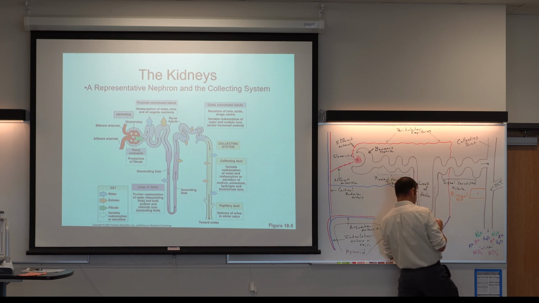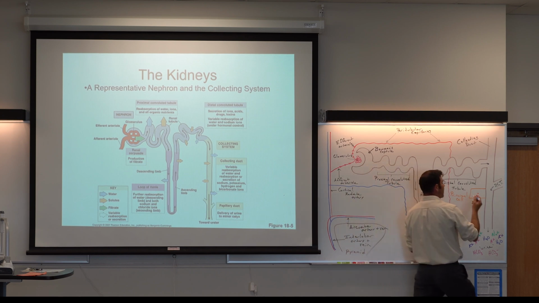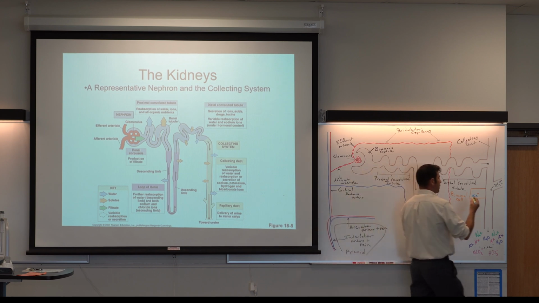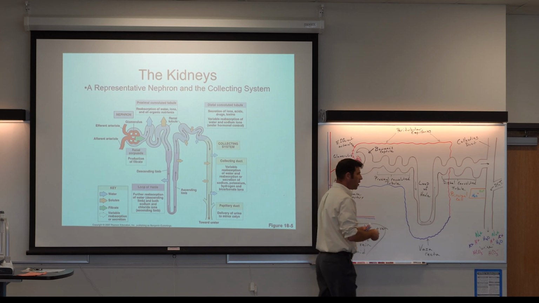That principal cell is going to be one of these cells that is going to be regulating things like water and sodium. So I'll put an ion in there of sodium and a water molecule, just indicating that this cell is going to help reclaim things like water or sodium. We'll talk about the hormones that trigger it to do that.